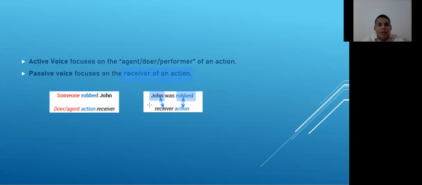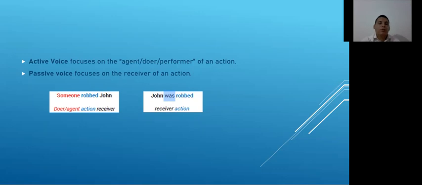So he's the receiver of an action. Clear as that. And to form the passive voice, we need to use the verb to be always. In this case, we're using the verb to be in past, but it can be in present or also in the future using is going to or will. There is no problem with that.